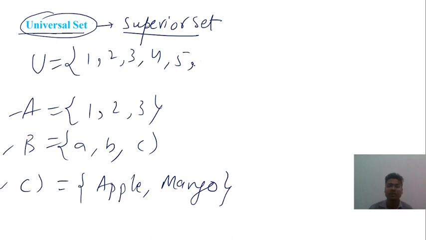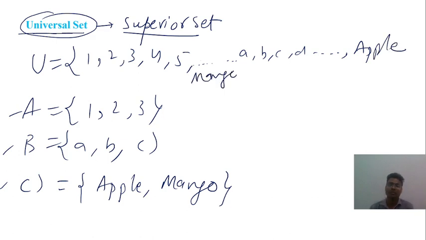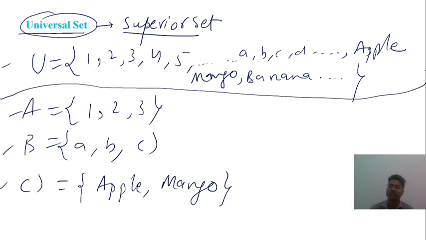I will take A, B, C, D, dot, dot, dot. I will take apple, mango, banana, etc. So the universal set is a superior set from where all the other sets are taken, or can be considered as having come from that set, such that A is a subset of the universal set, B is a subset of the universal set, C is a subset of the universal set.